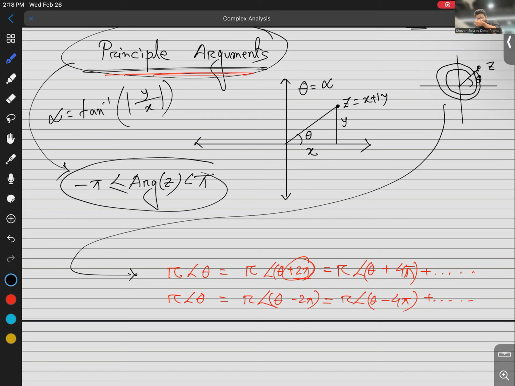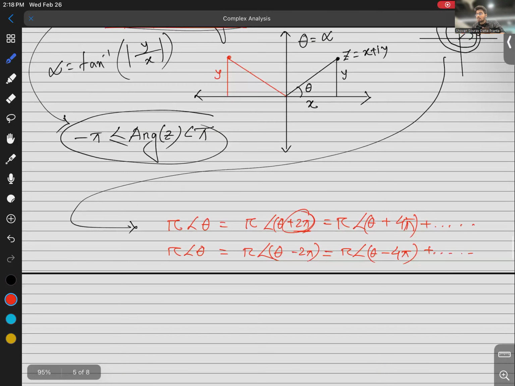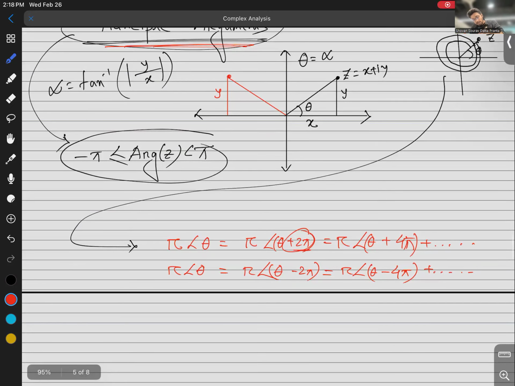So for the second quadrant, let's say our point is basically this one. This length is y, and this length is x, and the point lies along the negative x-axis side. I am just talking about the length.